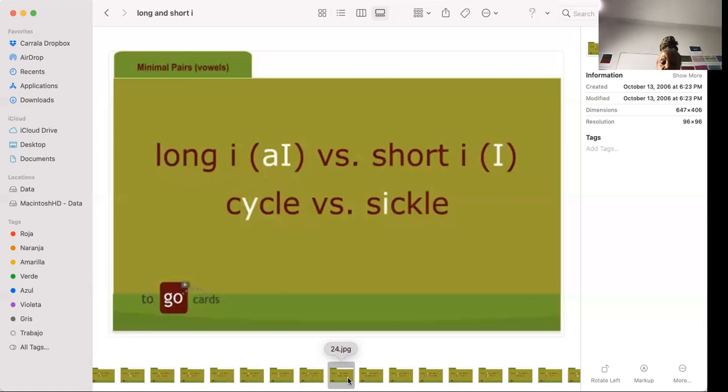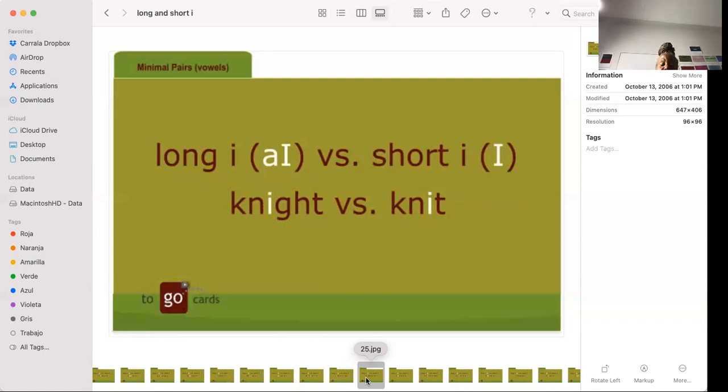Cycle, the cycle of the seasons. Sickle, sickle cell anemia. Night, knit. Notice in both of these, it should be IGH. That should be the I sound because it's not just the I, it's the IGH.